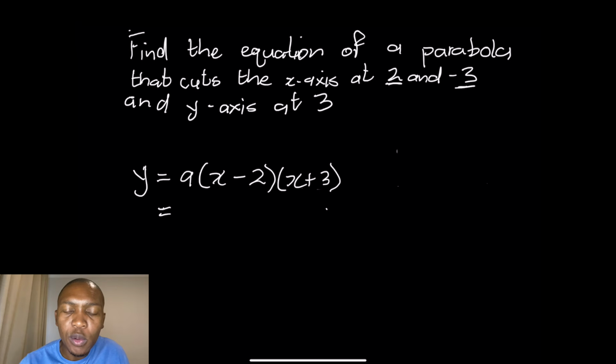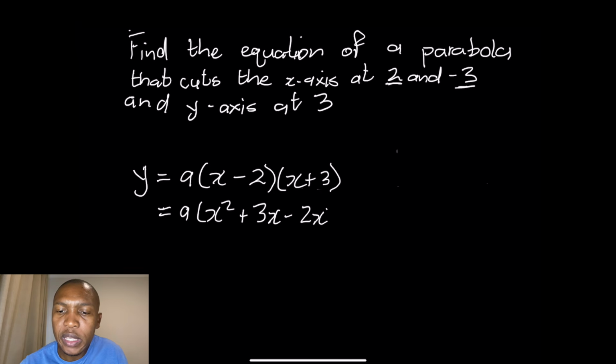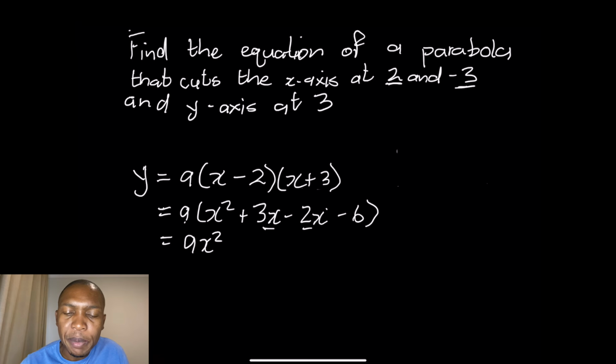Okay, so we can work out what's inside the bracket. So this is going to be x squared, x times 3, that's 3x minus 2x. Okay, so that's going to be plus 3x minus 2x minus 6. Right, let's simplify that even further. So that's going to be ax squared. If I add these two, these are like terms, I'll get positive x, but I'm going to multiply it by a.